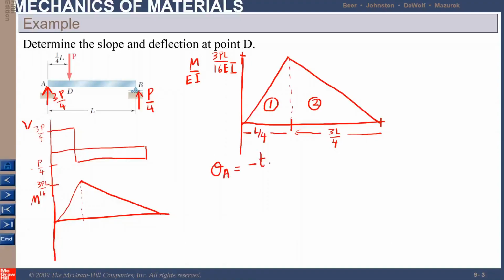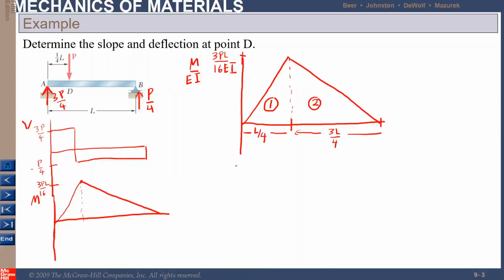For finding theta A, we know that theta A is minus t B over A, over L. So we need to find the value of t BA, which is just the whole area times the x bar. We can calculate it one by one.